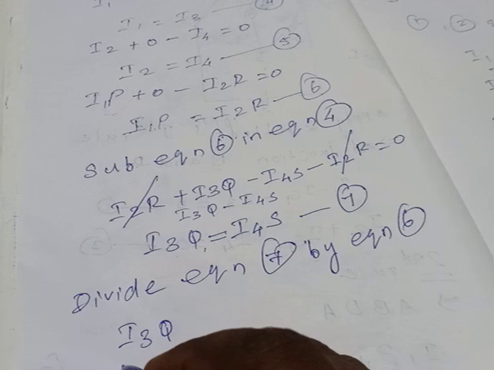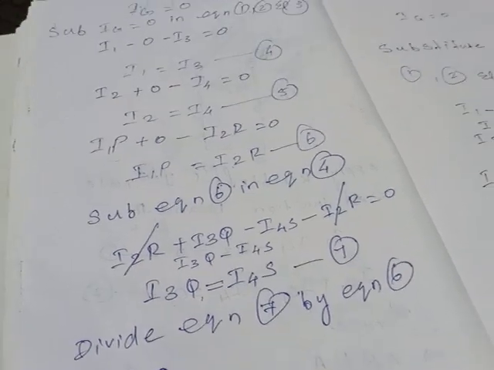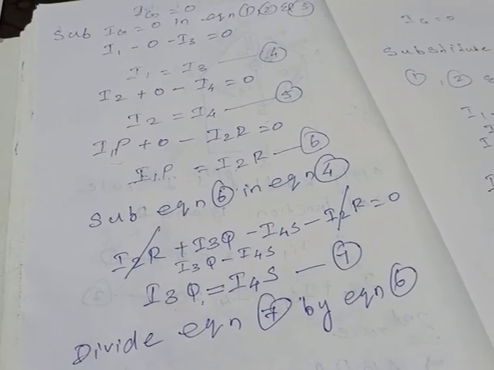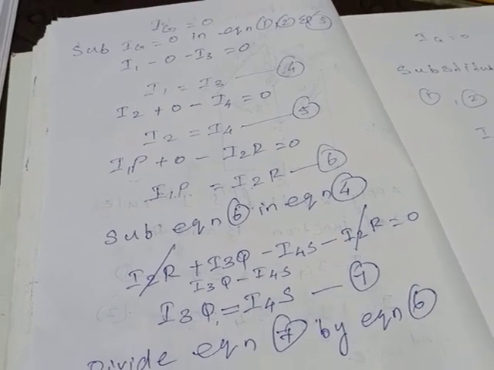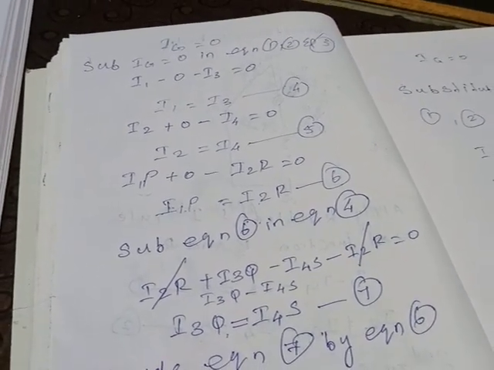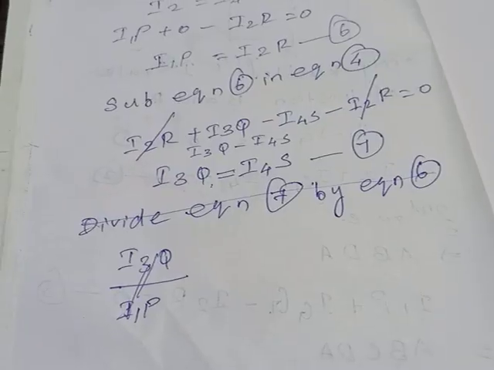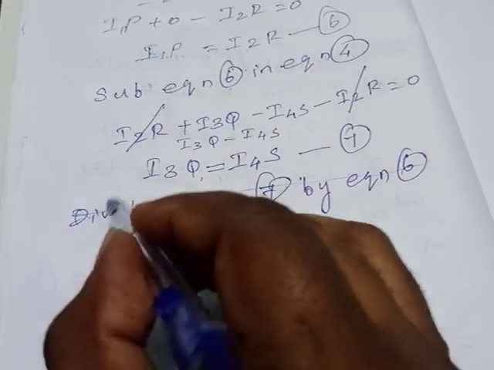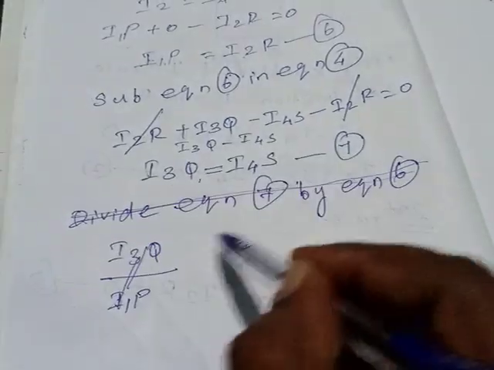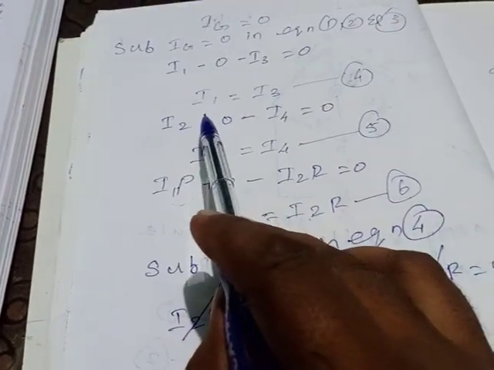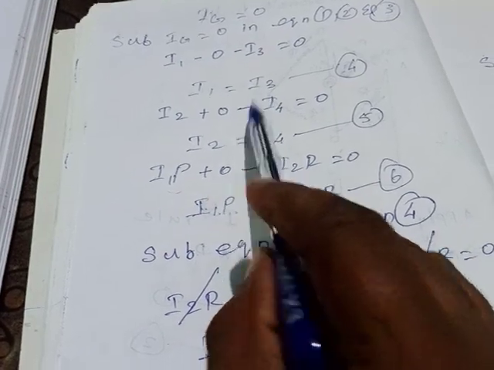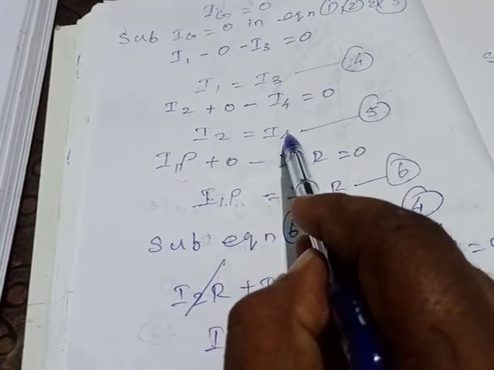Now divide 7 by 6. I3Q divided by I1P. Before dividing, one more step is there. So what is the step means? I1 is equal to I3, I2 is equal to I4.